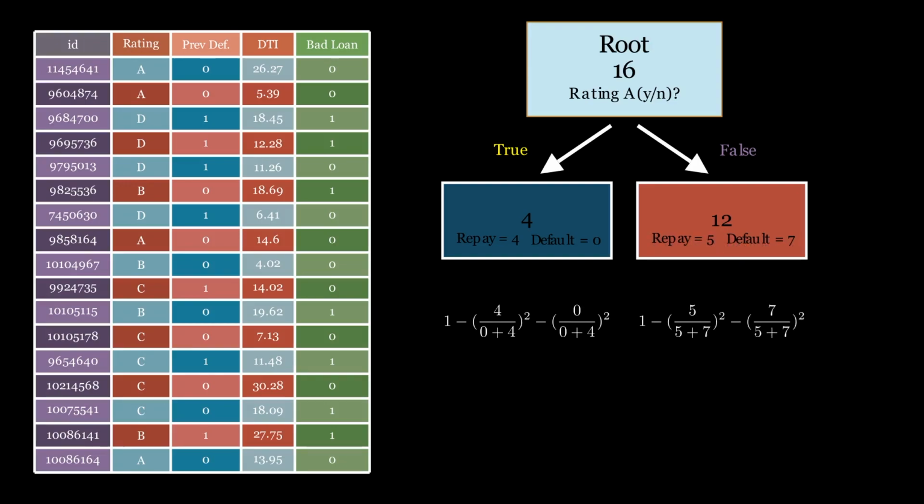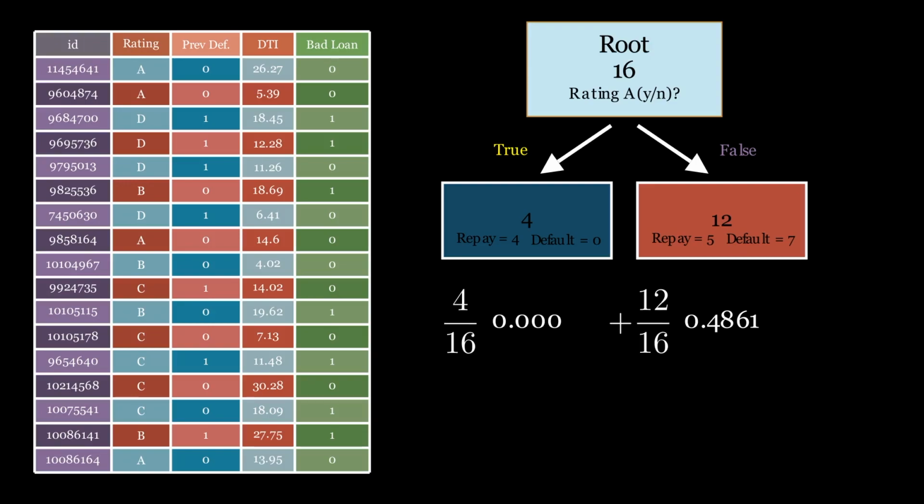The Gini impurity of the left branch is 0. We have a pure node, while the Gini impurity of the right branch is 0.4861, a mixed up node. If we look at the weighted average impurity of this total result, we get 0.3646. This is better than the split based on previous default, as it gives us a lower impurity score.